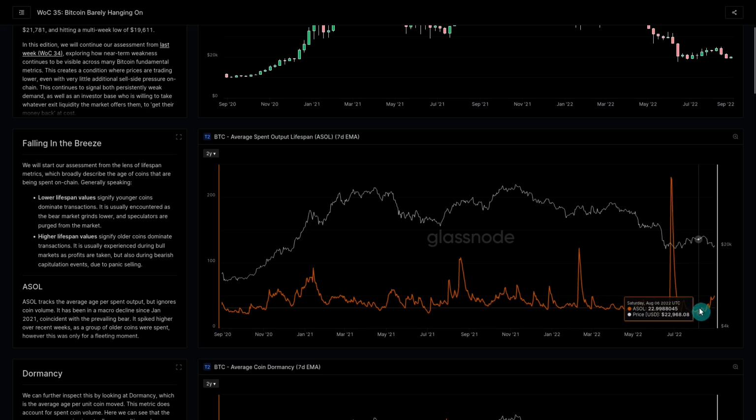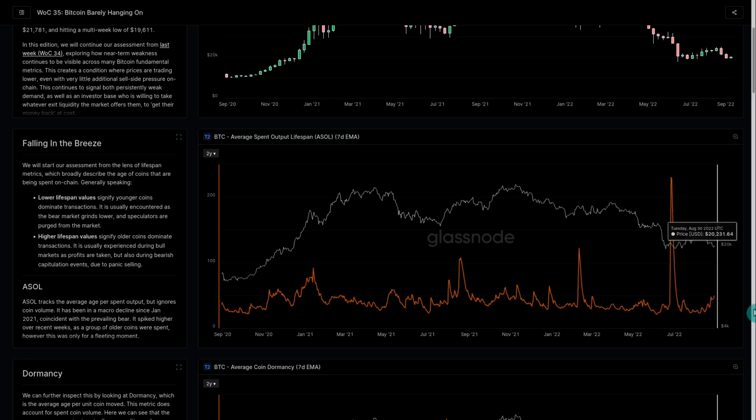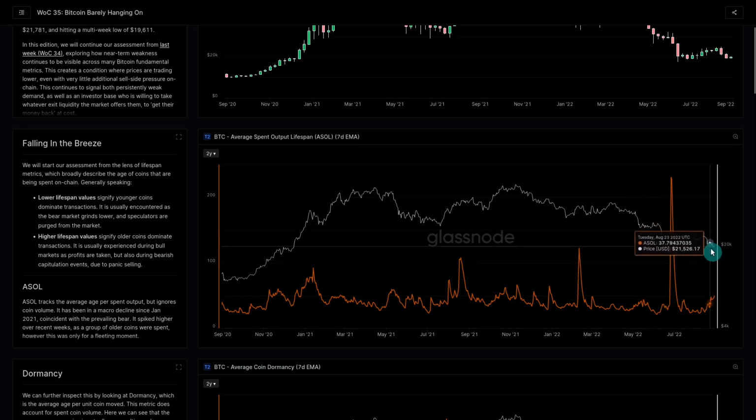Now you can see that in recent weeks, we've started to see a pickup in ASOL. So that means that on average, the coins that are on the move are older than they were recently. And we generally see this again during profit-taking bull markets and during capitulation events. Now, we're not really in a bull market at this point in time, but we did see a sell-off.